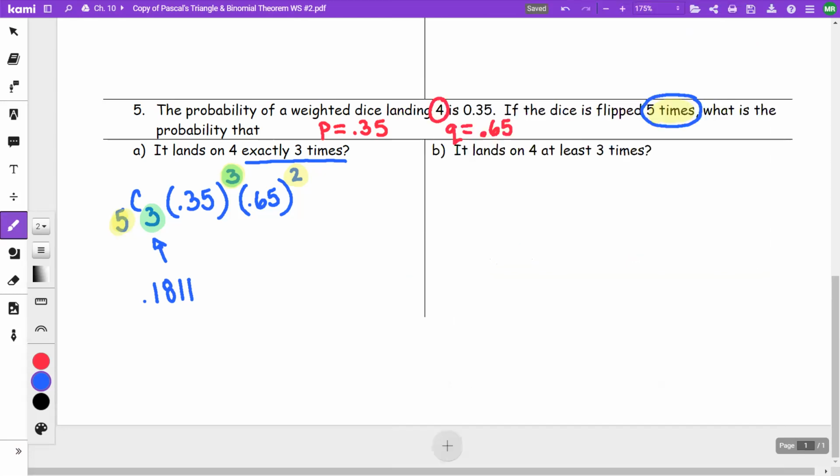Now on the next one it says, what is the probability that it lands on 4 at least 3 times? Now remember, we're doing this 5 times, so that means 3 of 5 times, 4 of 5 times, or 5 of 5 times. Sometimes it's easier to do what I don't want, which would be the rest of this: 2 of 5, 1 of 5, and 0 of 5.